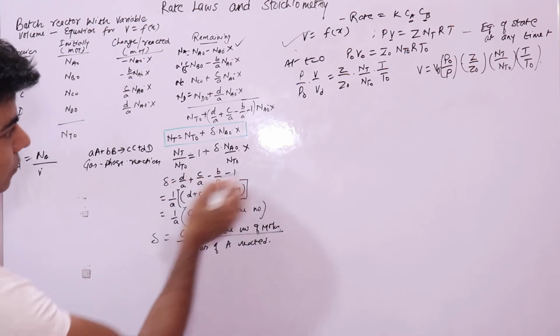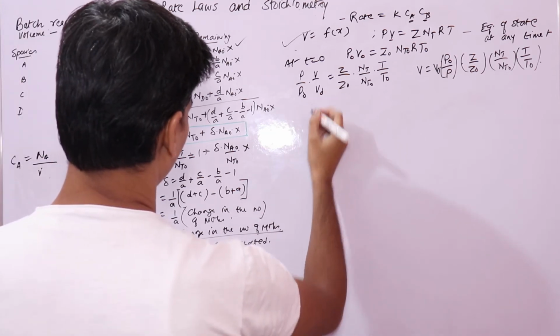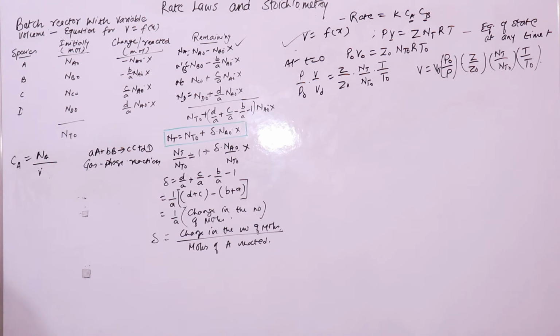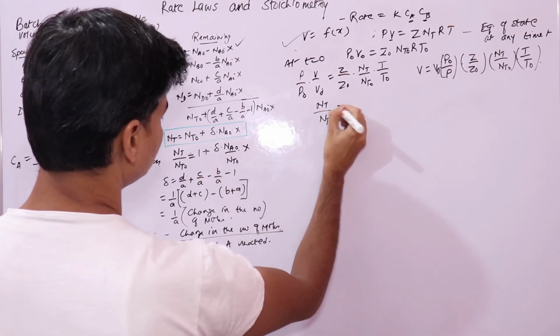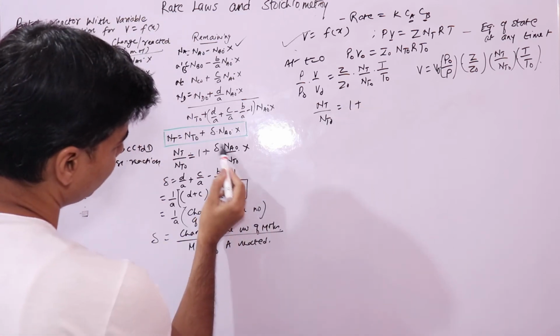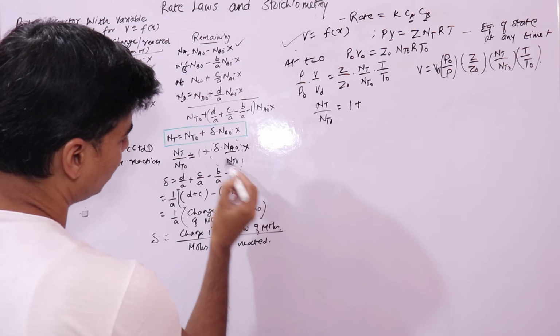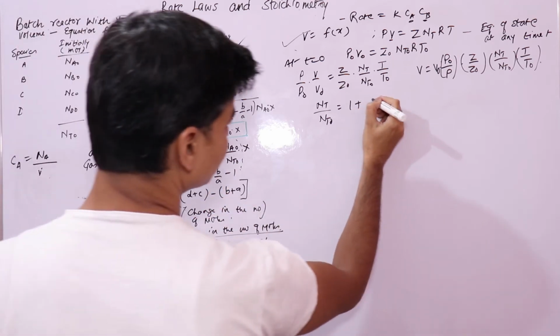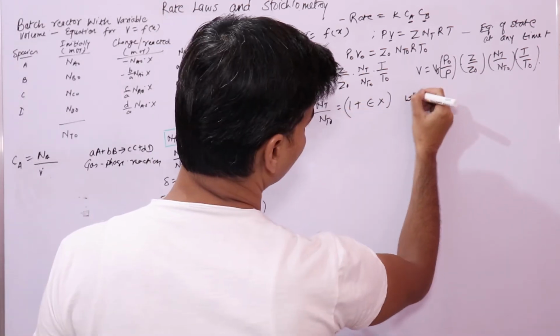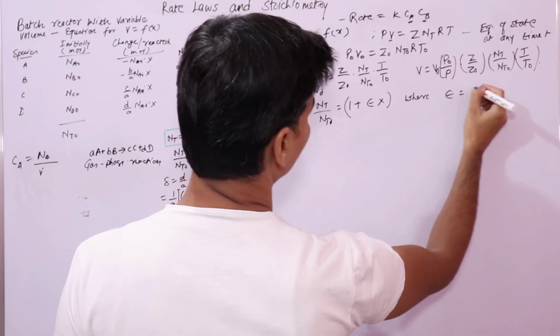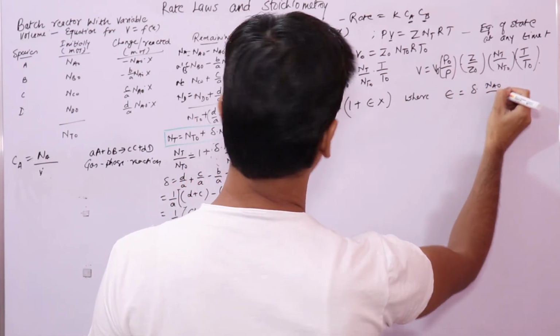Now let's solve this further, because from this equation only we would be deriving volume in terms of conversion X. So this equation would be NT upon NT0 equals 1 plus epsilon X, where we take the quantity delta NA0 upon NT0 as epsilon, so epsilon equals delta NA0 upon NT0.